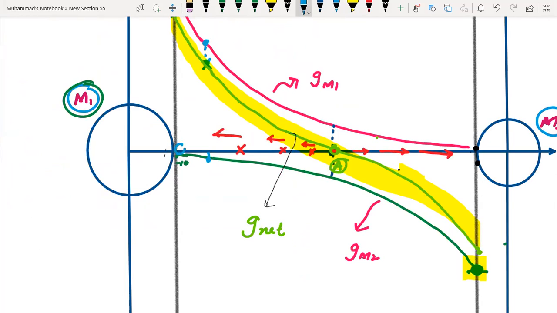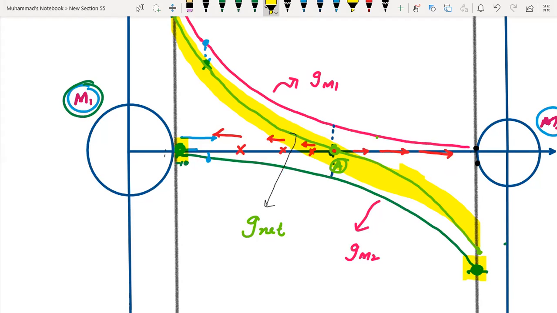Let's say mass M moves from this point towards the surface of that mass M2. How will the net force change on that mass? Okay, we will provide some speed to this mass so that it can move towards mass M2.